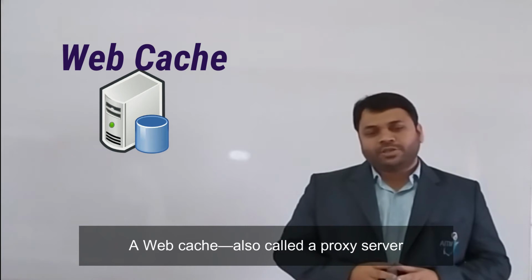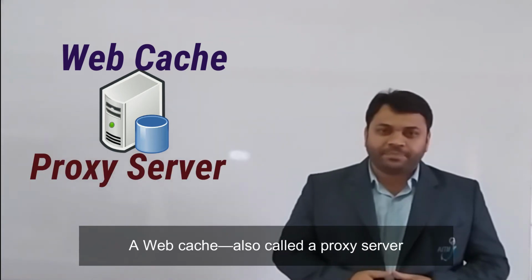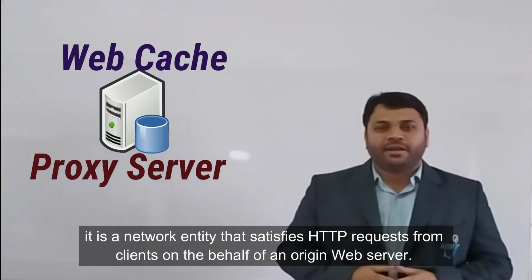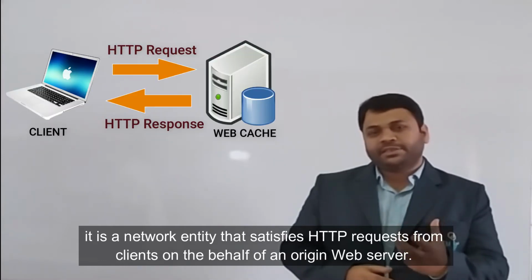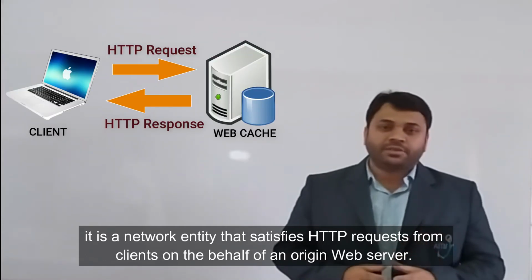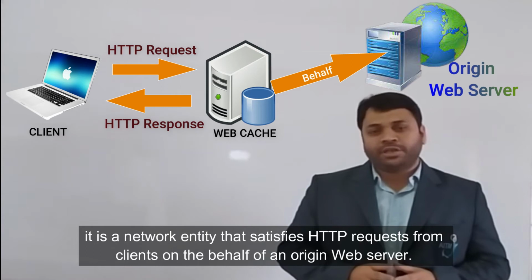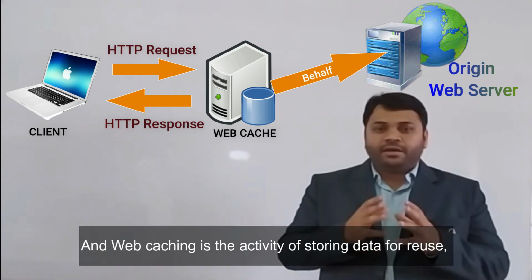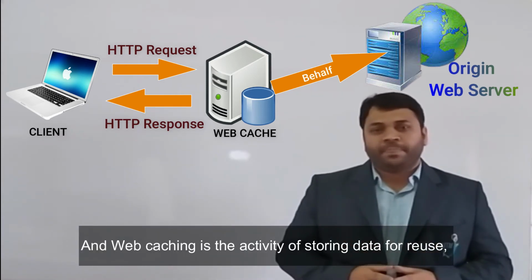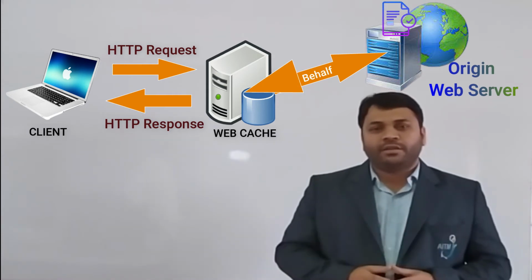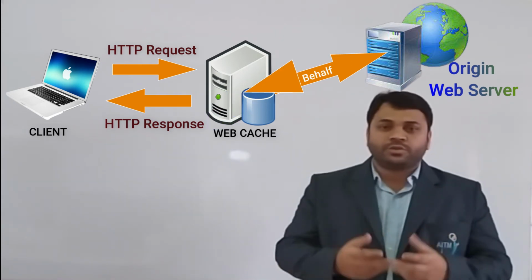A web cache, also called a proxy server, is the network entity that satisfies the HTTP request from clients on behalf of the origin web server. Web caching is the activity of storing data for reuse.